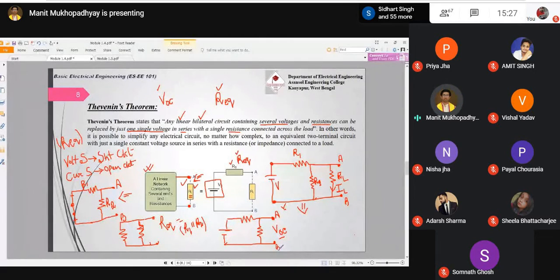So what we need to do? We need to calculate the voltage across R2 simply. So the voltage across R2, if you calculate, that will be equal to VOC. So calculate the voltage across this R2. What is the value? What is the voltage drop across R2? Can you tell me?